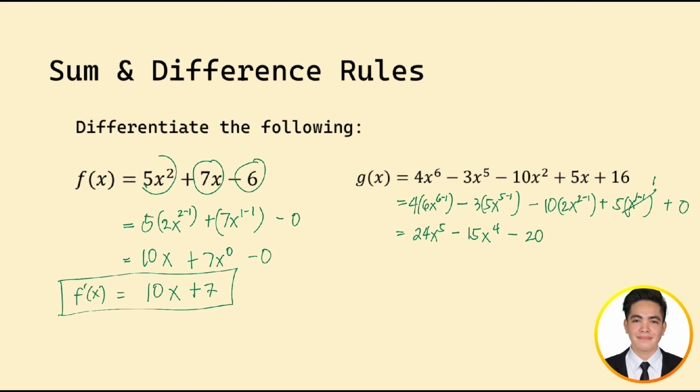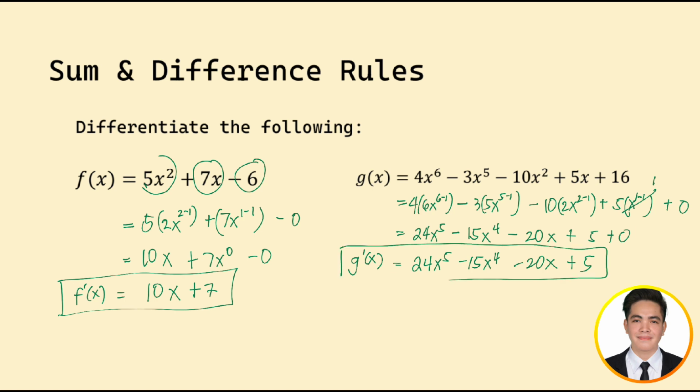X 2 minus 1 is 1, so we don't write 1 anymore. Plus 5 plus 0. So let's write the g prime of x. The derivative of g of x is this one. 24 x fifth minus 15 x fourth minus 20x plus 5. So we don't need to simplify this further because it's in the simplest form. That's it. That's how basic sum and difference rules are.